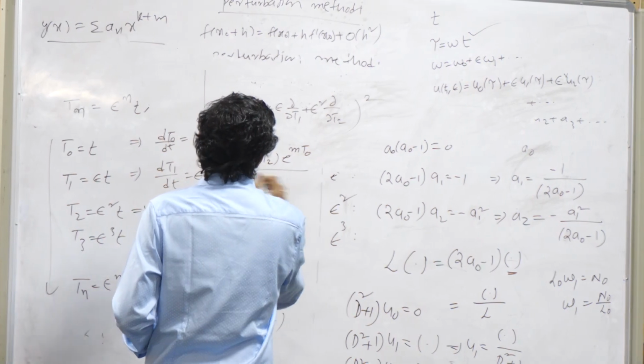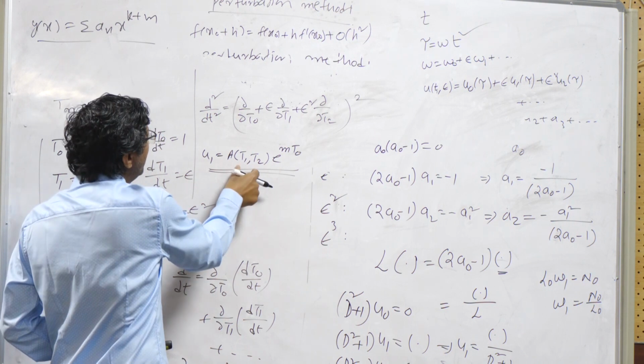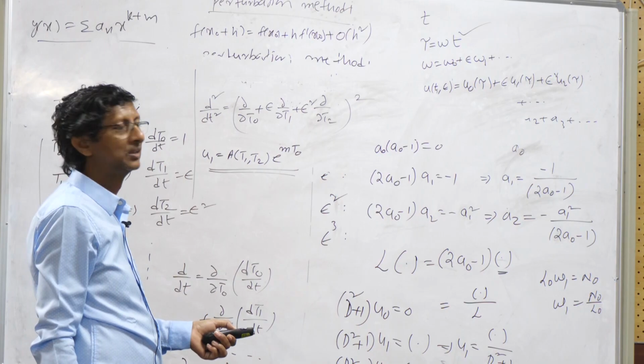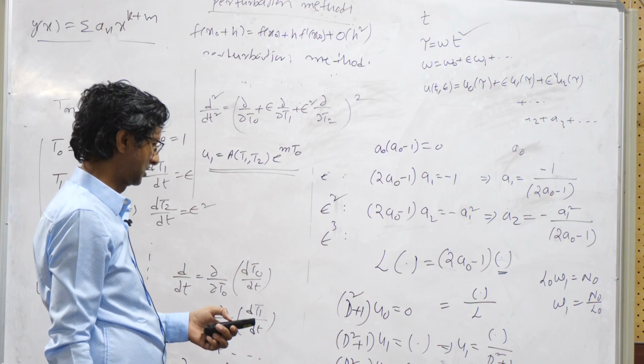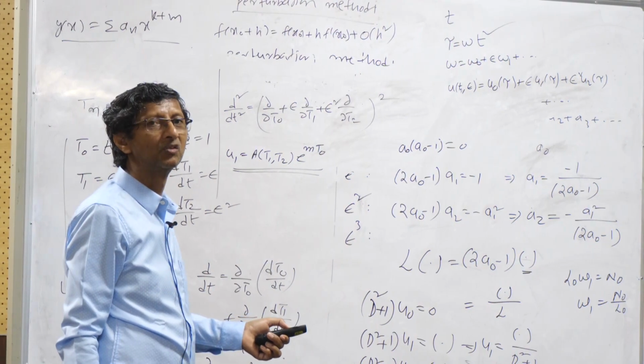You assume u1 in this variable separable form, substitute this into your differential equation, and you receive the solution, which is in this form.